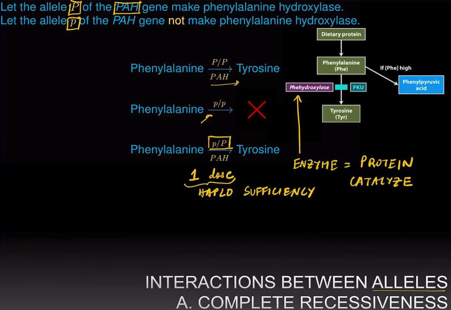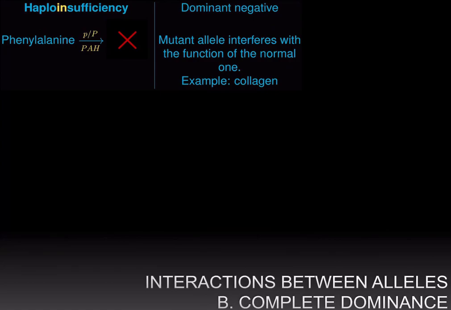Having looked at how recessiveness arises at the molecular level, let's discuss how dominance can arise at the molecular level. Now, there are two ways of having dominance at the molecular level. One is the opposite of haplosufficiency, that means haploinsufficiency.